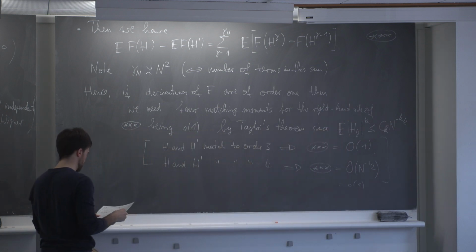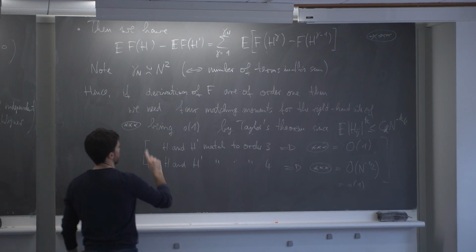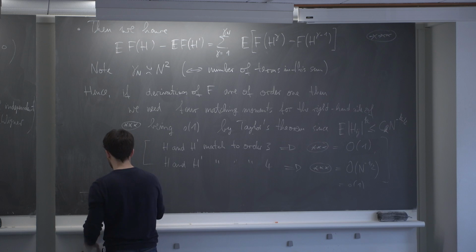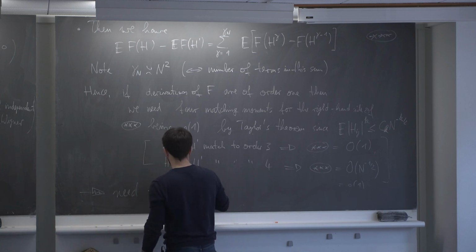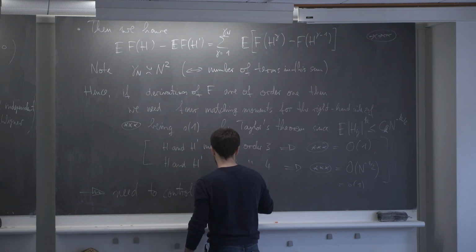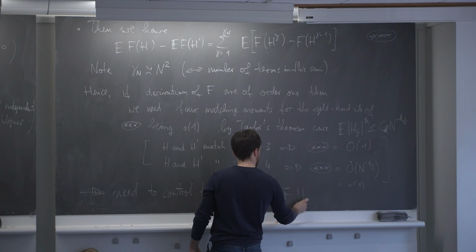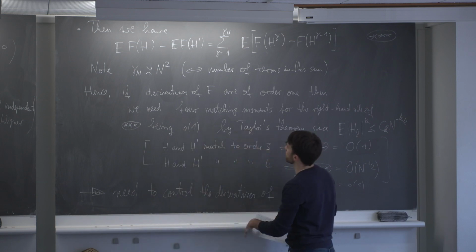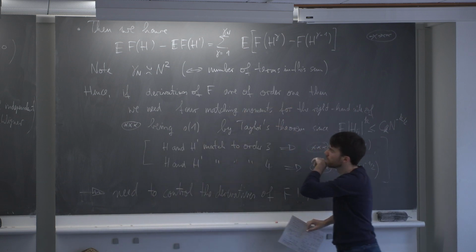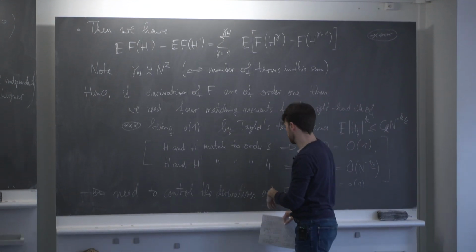And what we learn also from this is that we need to control the derivatives of f, because here we have assumed that they are order 1. Well, if they're worse, then of course we have to make some adjustments.